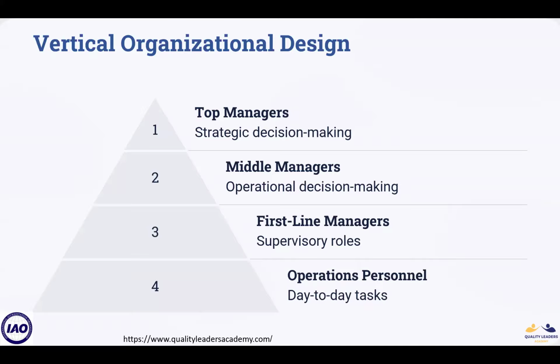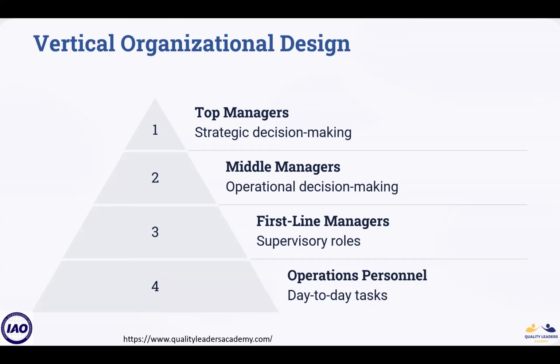And finally, operations personnel do the hands-on tasks. So in hospitals, this gives clear reporting lines and also accountability. But there's a risk. It can also slow down decisions because the approvals must come from up, and then move down the chain.